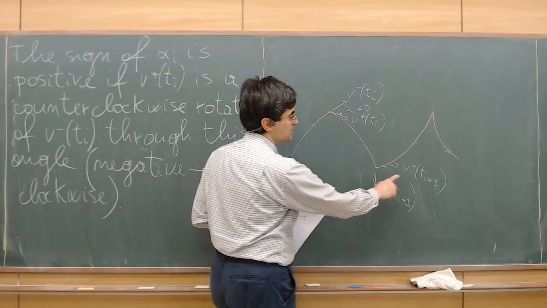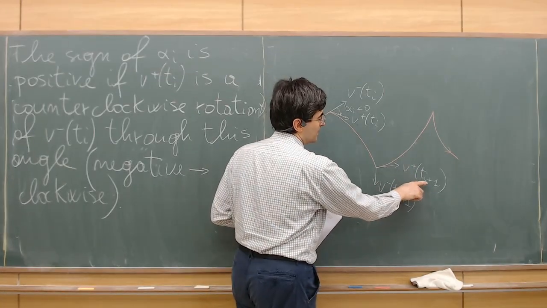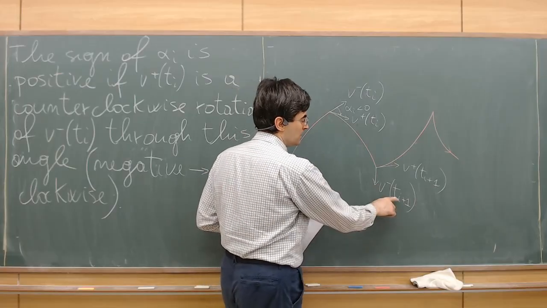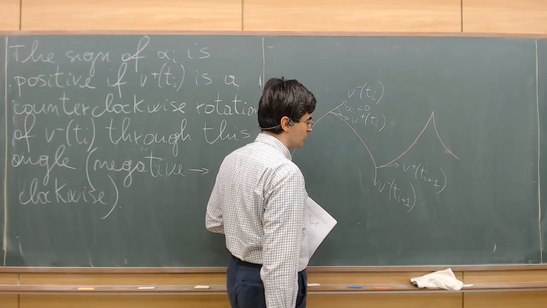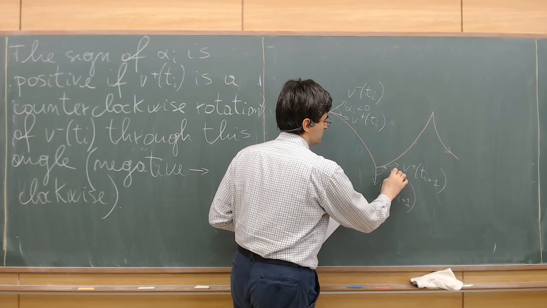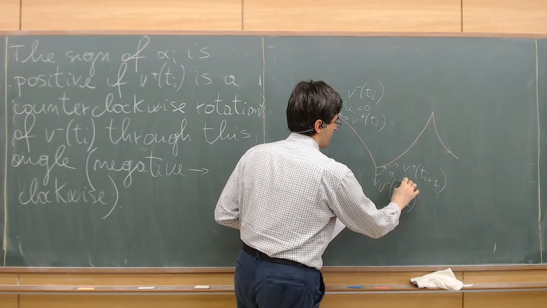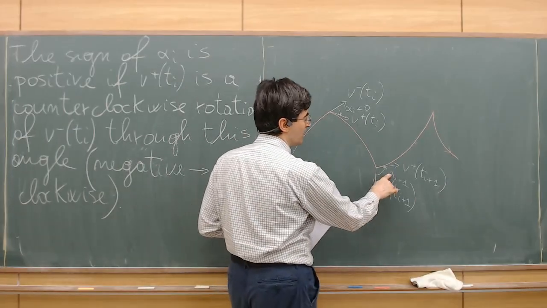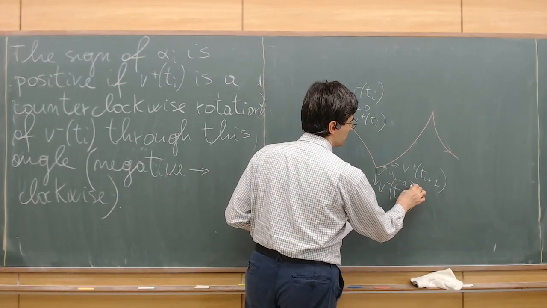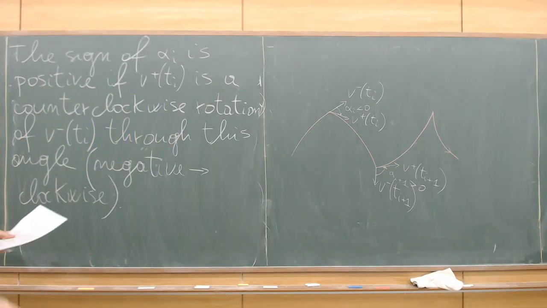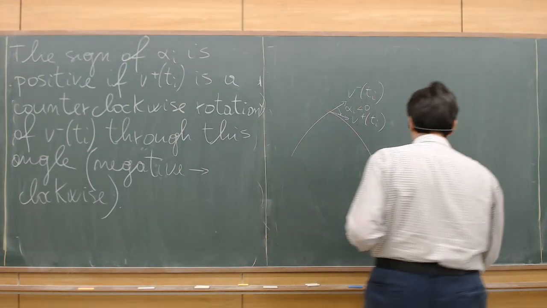And it is easy to see that V plus Ti plus 1 is obtained from V minus Ti plus 1 by a counterclockwise rotation. And this means that the sign of alpha i plus 1 is positive. There is a special case of corner.